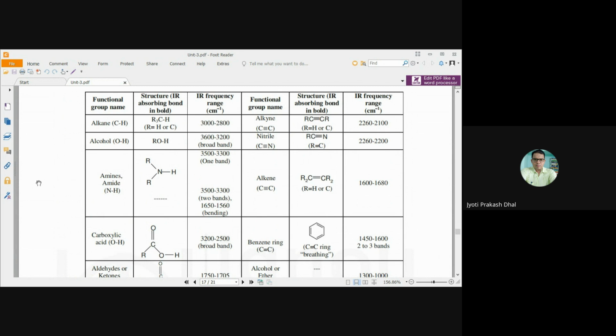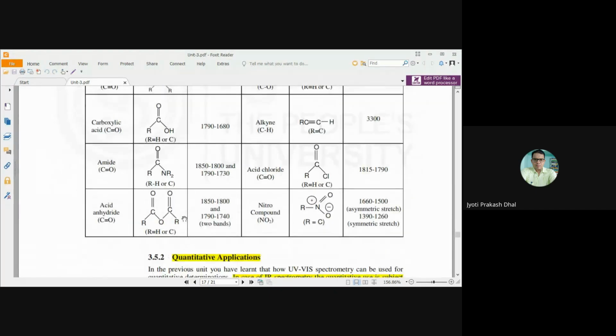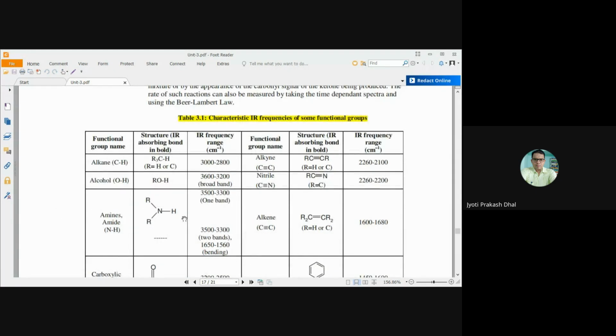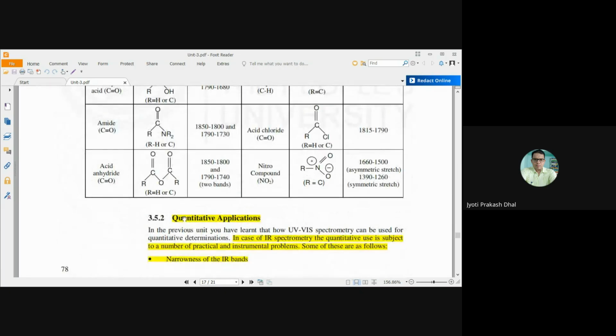These are the stretching bands, and the bending band you will observe in 1650 to 1560 centimeter inverse. Similarly, in this table, you have to remember for a particular functional group of organic compound, what is the IR frequency range and what are the possible modes of vibrations.